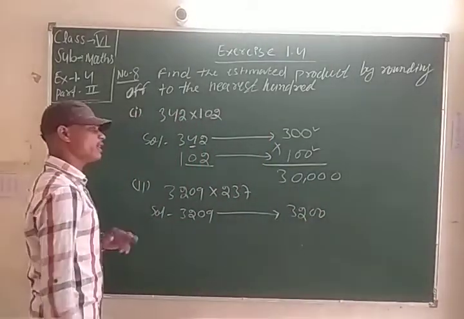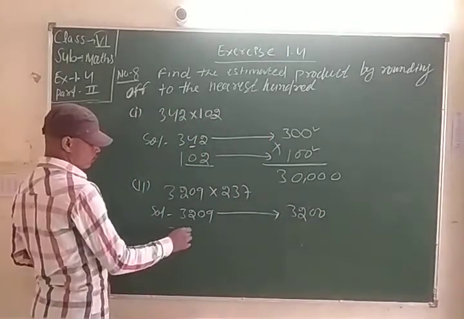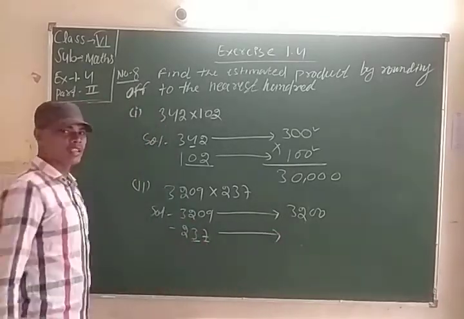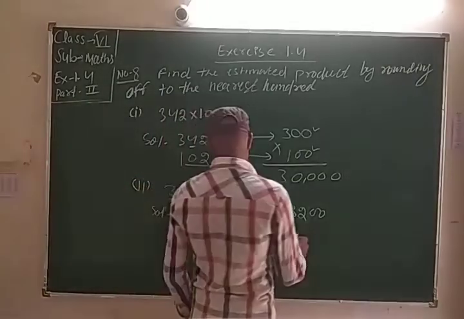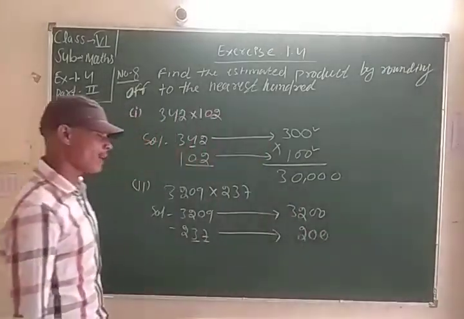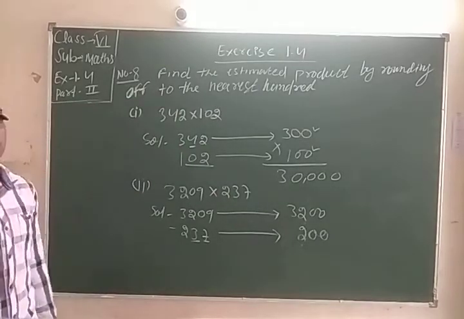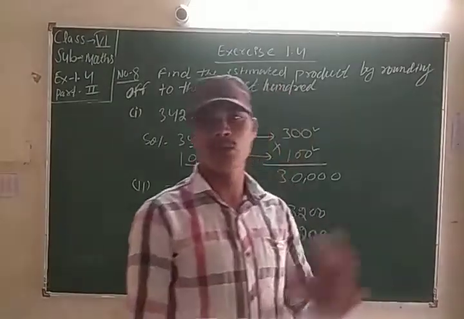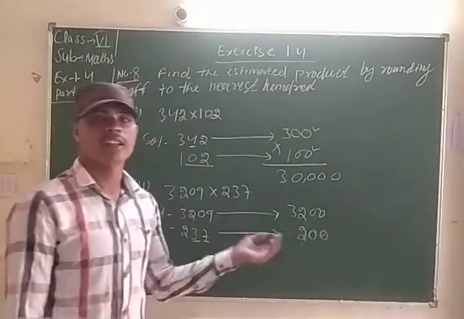Now 237 is rounded. Here the tens digit is 3, which is less than 5, so it should be rounded to 200. Why 200? Because the tens place is less than 5. Already I told you the rule: if it is more than 5 or less than 5, then when rounding you increase or decrease one number.